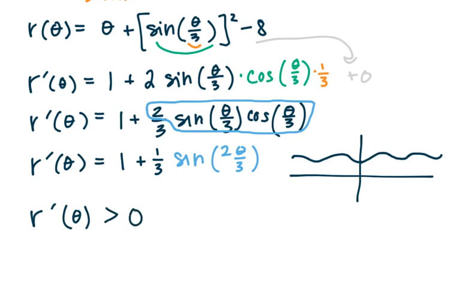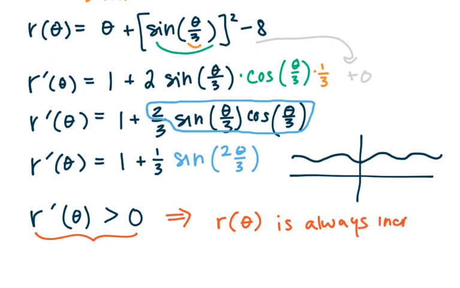So if the derivative is always positive, right, this derivative here is always positive, then the function is always increasing. So what we've said is we have a function that's constantly increasing.